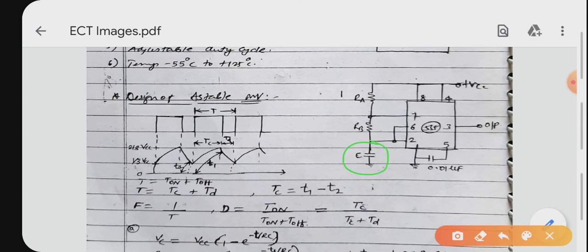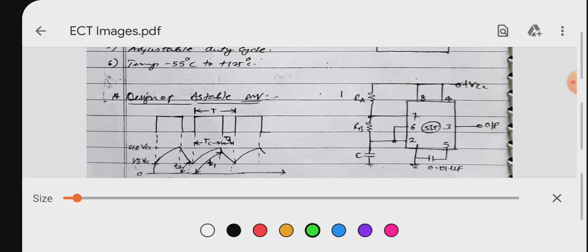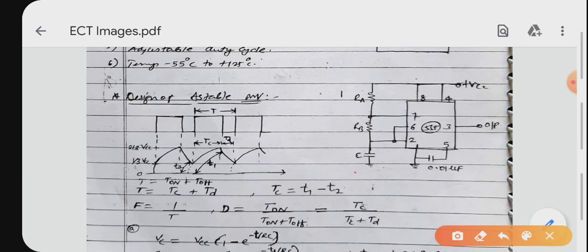Okay, so as I told you, there is an external capacitor connected here. So the charging path for this capacitor is through this resistor RA plus RB and then C. So the capacitor will charge, and it discharges through this resistor RB and pin number 7, and there is an internal transistor inside this IC555 through which that capacitor gets the discharge path. Okay, that's why pin number 7 is called as a discharge pin.